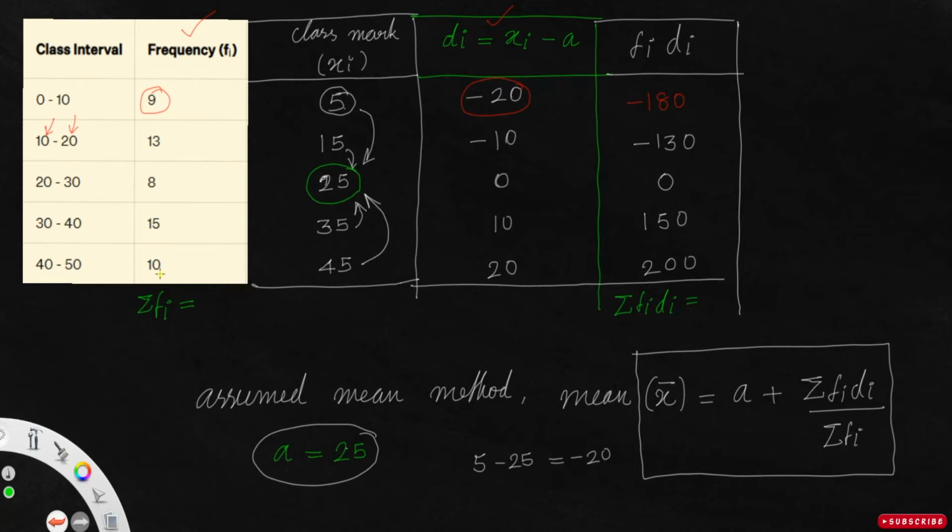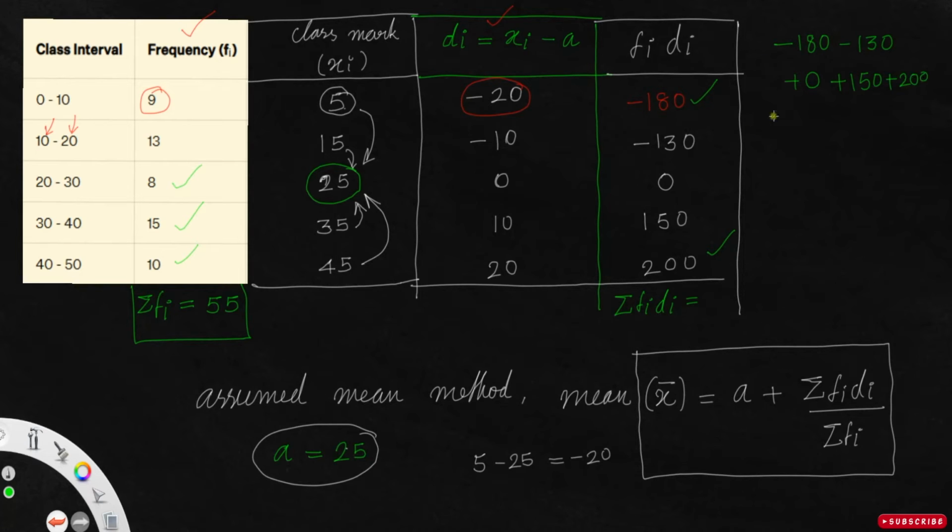Now when you add the data in this table, you'll get 9 plus 13 is 22, 22 plus 8 is 30, 30 plus 15 is 45, 45 plus 10 is 55. Similarly, for the sum of fi di, I'm adding all the data with the sign: minus 180 minus 130 plus 0 plus 150 plus 200.